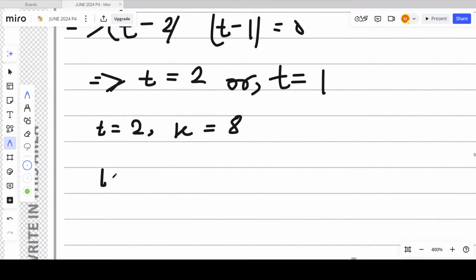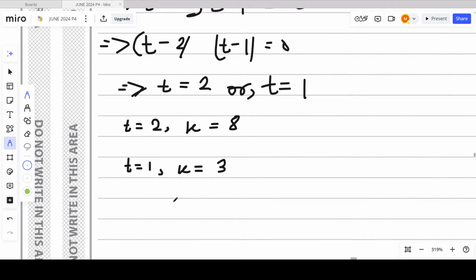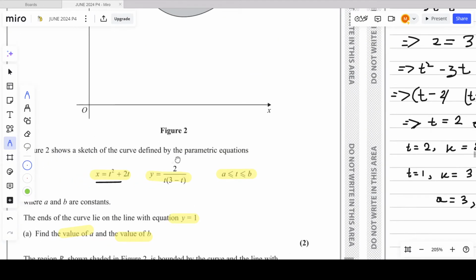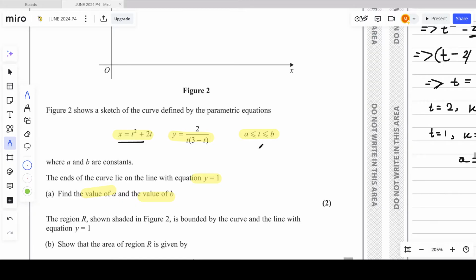And if t equals 1, then x equals 1 squared, which is 1, plus 2, so x is 3. The value of a comes earlier, so a is 3, and b comes later, so b is 8. That's it. We got the values of a and b. This is basically the range of t.